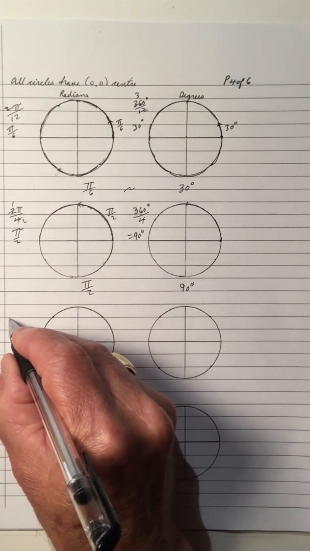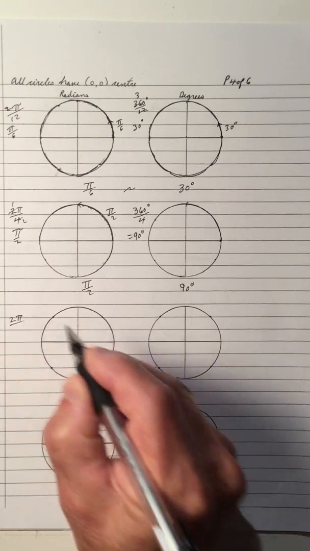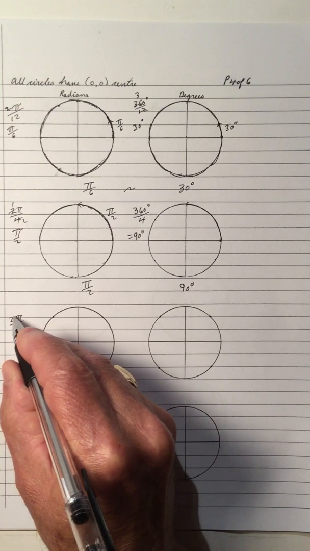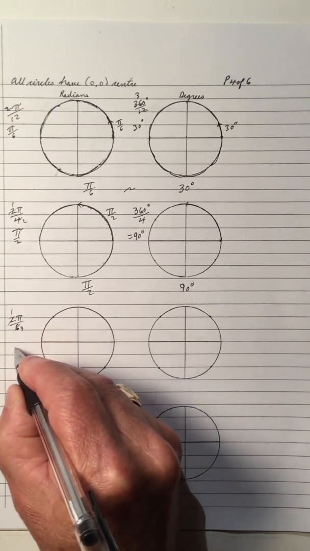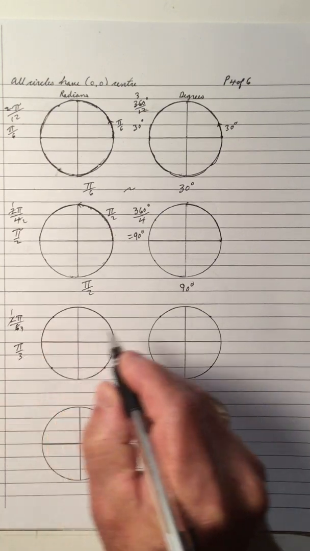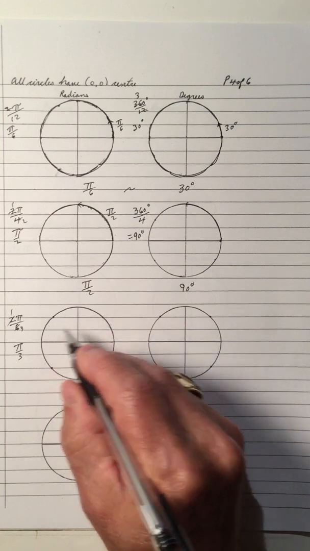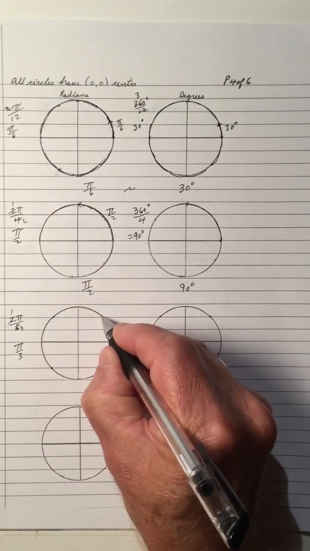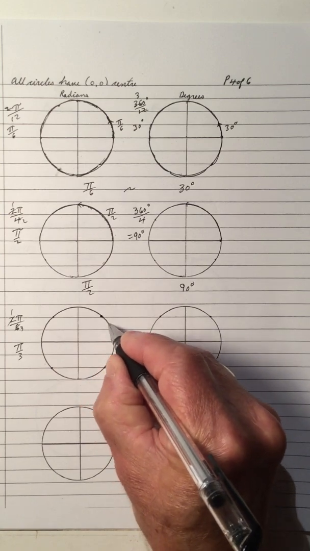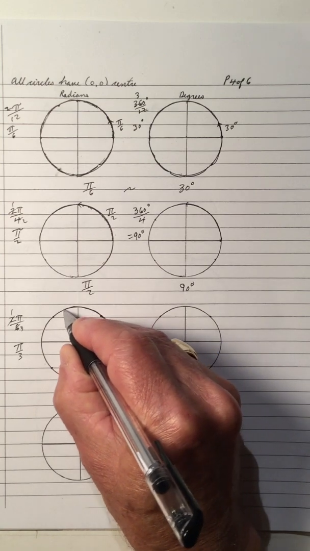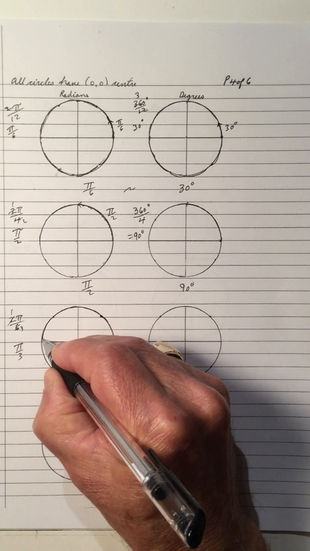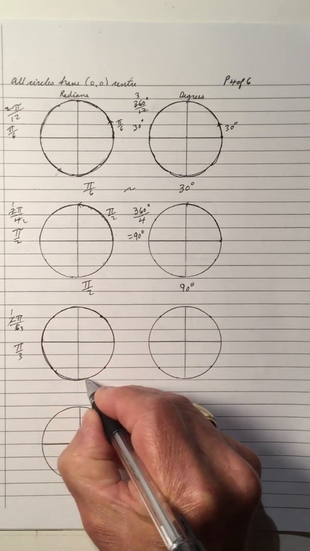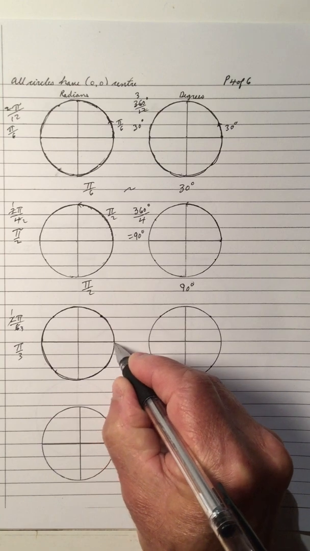And if we take the 2 pi and divide it into 6 pieces, the 2s cancel, and I get pi over 3. So if I divide this into 6 pieces, we got 2 pi divided into 6 pieces. Well, here's 1, 2, 3, 4, 5, 6.